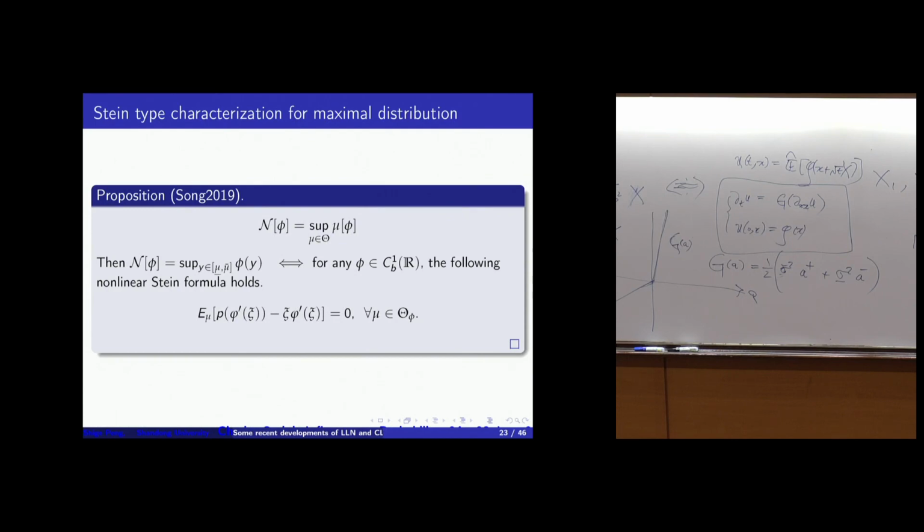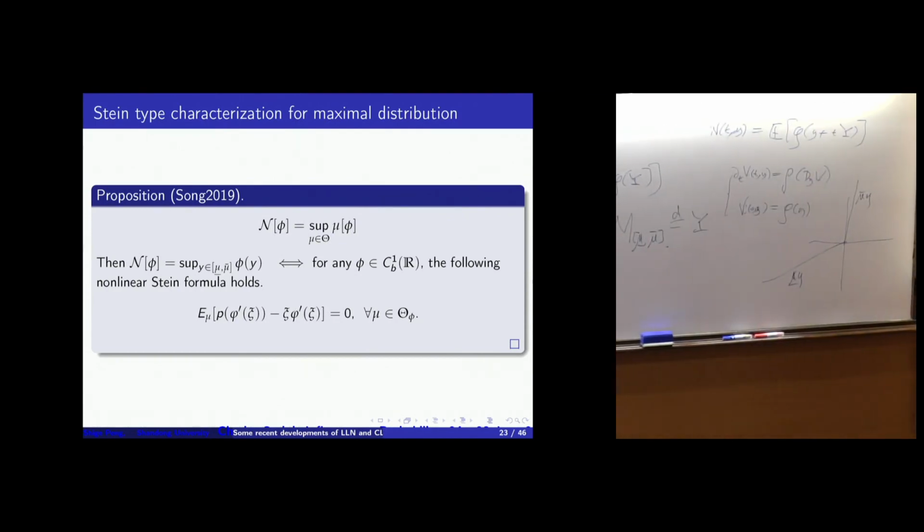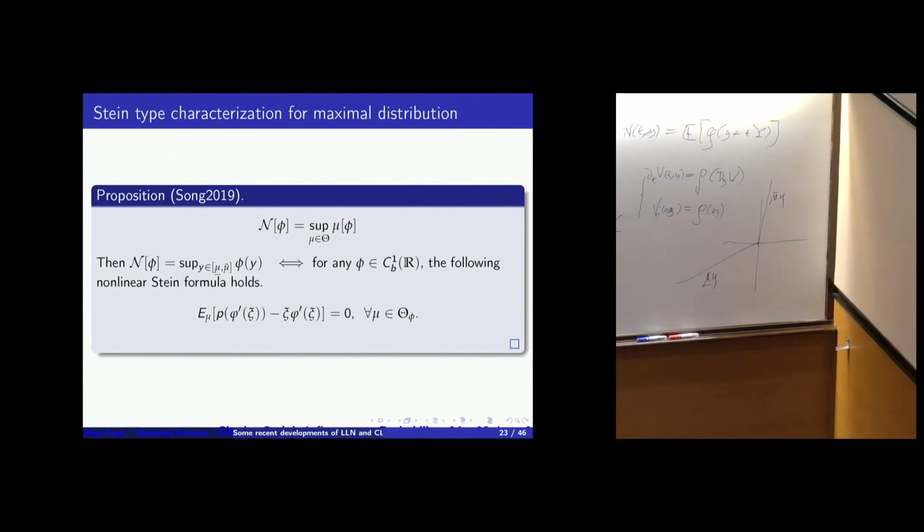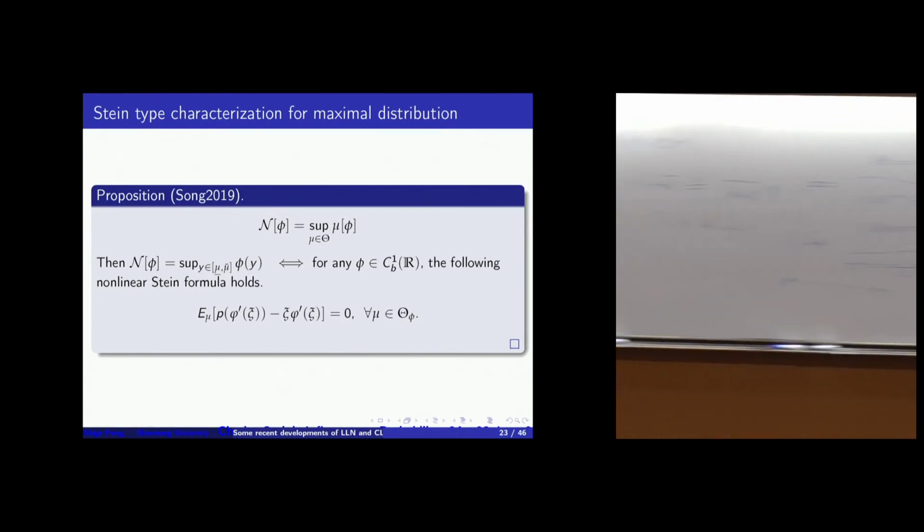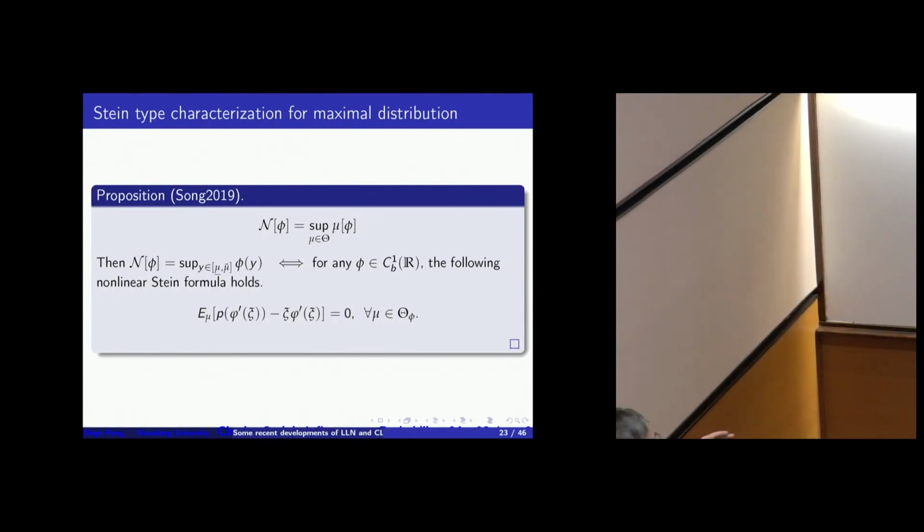Then this n phi is maximally distributed, as I explained, if and only if for any phi in C1b, bounded and continuously differentiable, I have this. This is the so-called Stein formula for the law of large numbers.